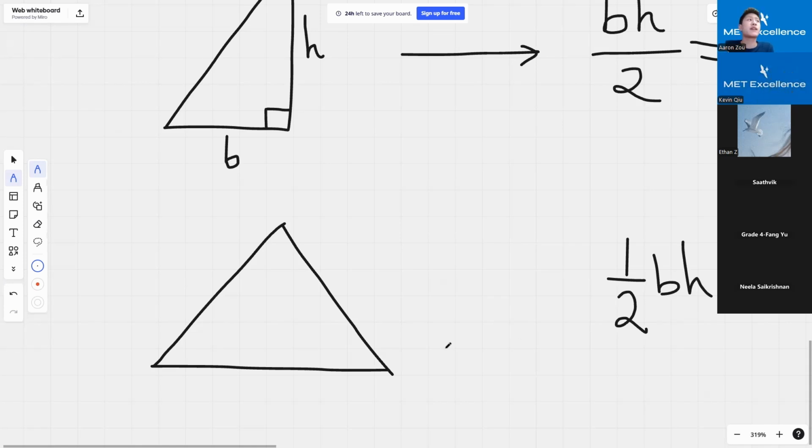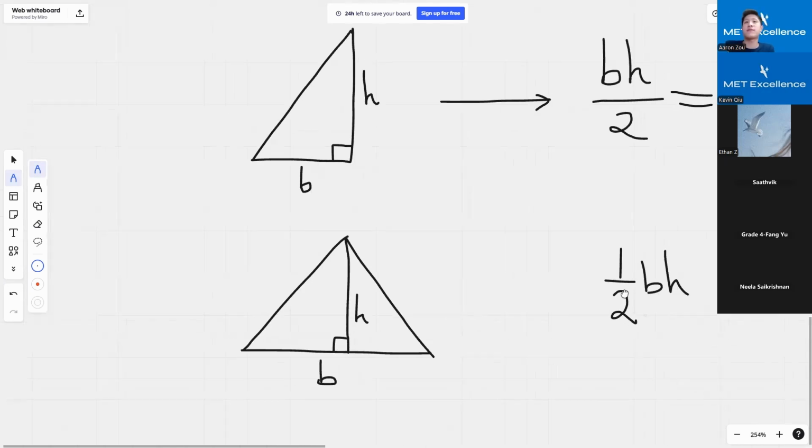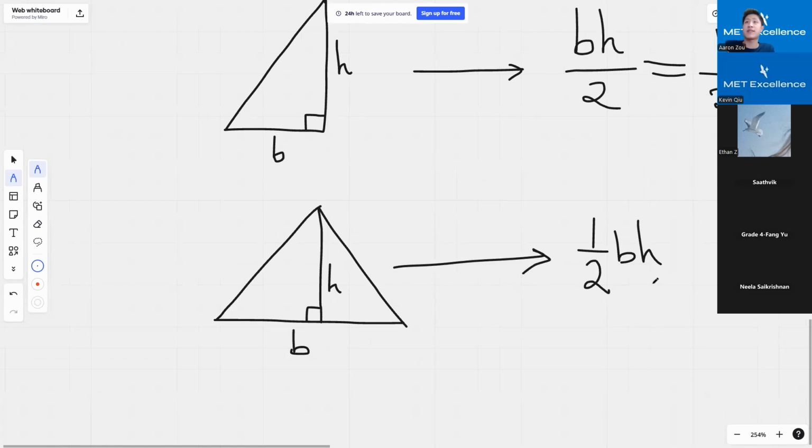So to find a base, I can choose any side to be the base. So let's just choose this side right here because I like this side. So I'm going to choose this side to be the base. And now for the height, all I have to do is draw a perpendicular line that forms a 90-degree angle, and this is the height. And it's the exact same thing. 1/2 base times height. All right.